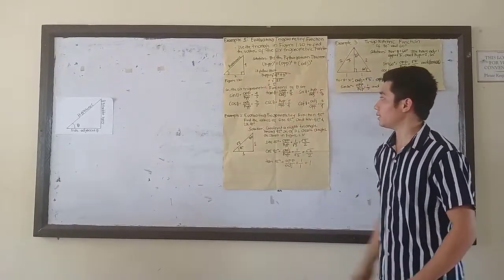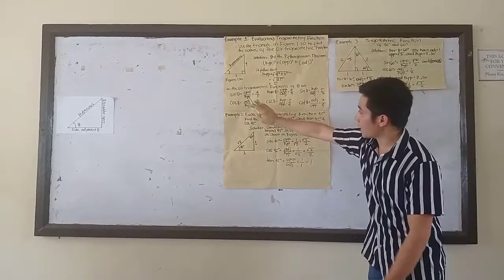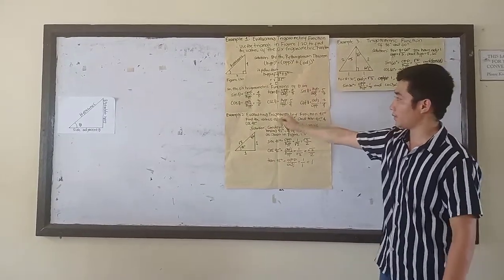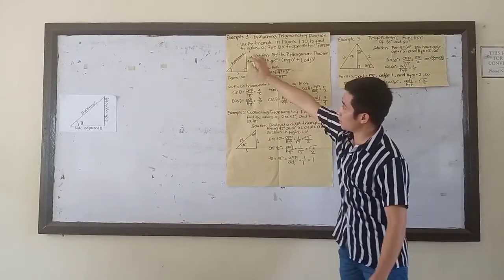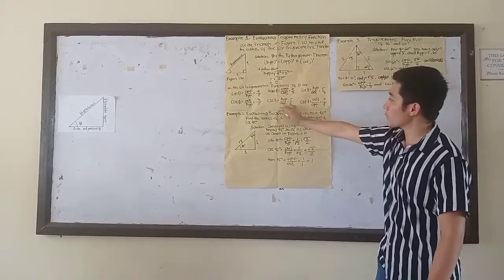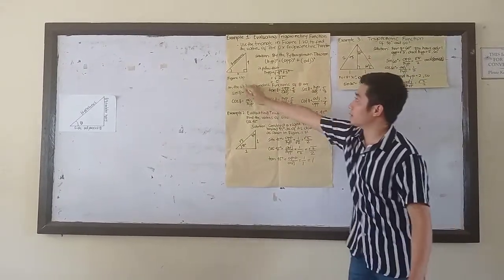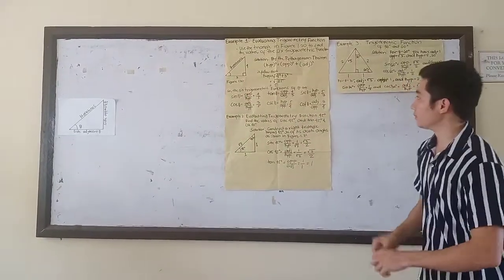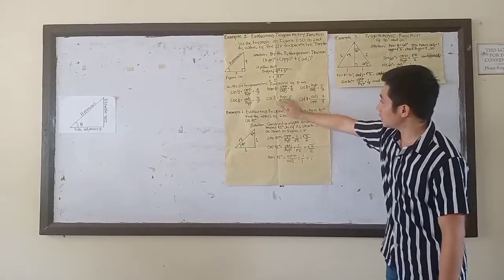Cosine theta equals adjacent over hypotenuse, which is 3 over 5.